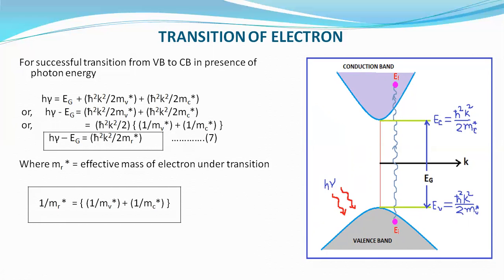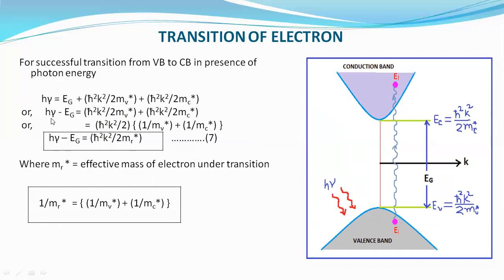So another energy, h cross square k square upon 2 mc star. If we equate, h nu is equal to Eg, the energy gap, plus h cross square k square upon 2 mv star plus h cross square k square upon 2 mc star.